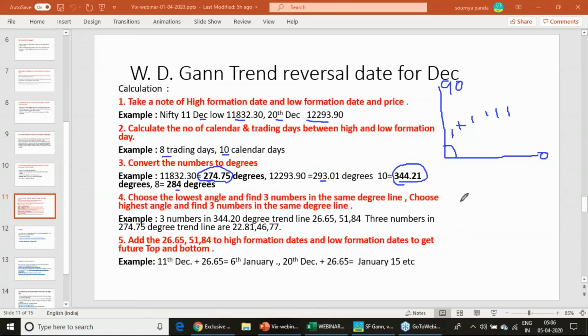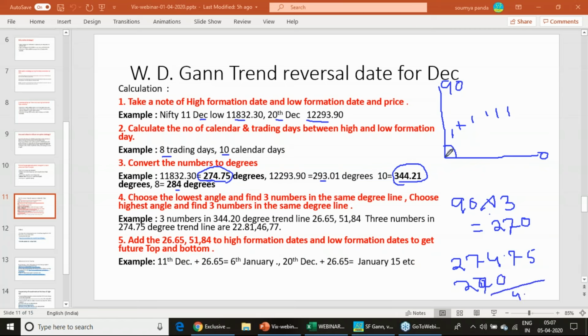So if I subtract 270 from 274.75, I transform this to a lower degree format: 4.75.